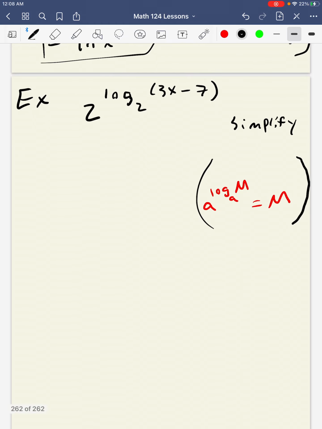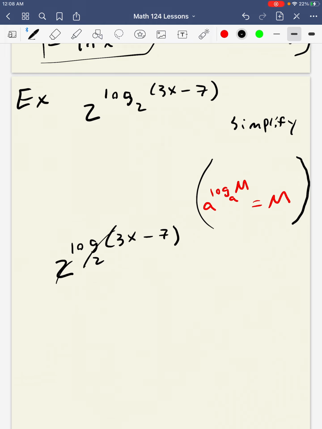At least it looks like we can use it somewhere. Okay, anyways, we have 2 raised to the log base 2 of 3x minus 7. So using the property I wrote in red, we get 3x minus 7.